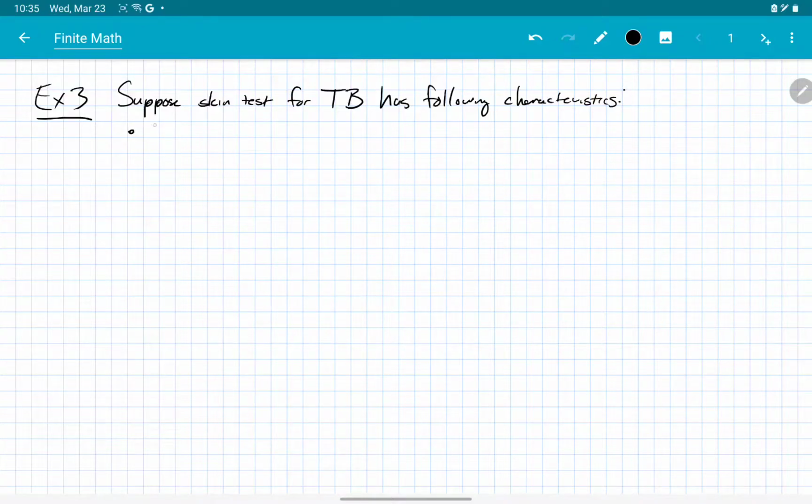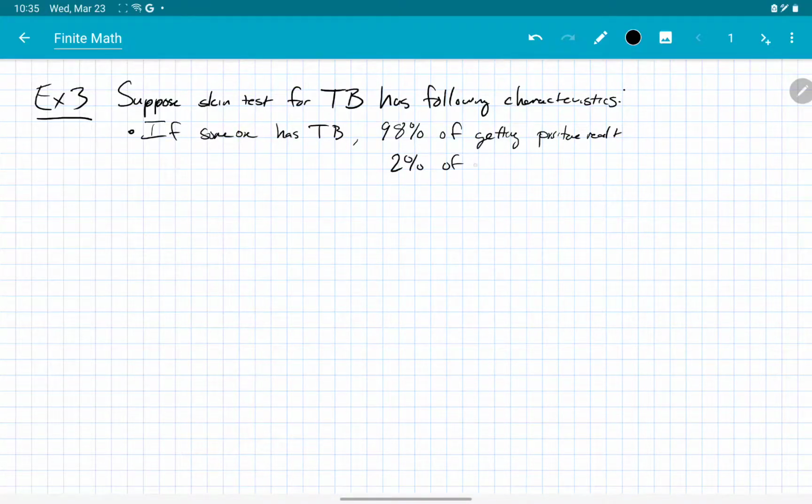One, if someone actually has TB, it's a 98% chance of getting a positive result for the test and a 2% chance of getting a negative. So the 2% would be what's called a false negative test. The test came out negative, but the person still has tuberculosis.